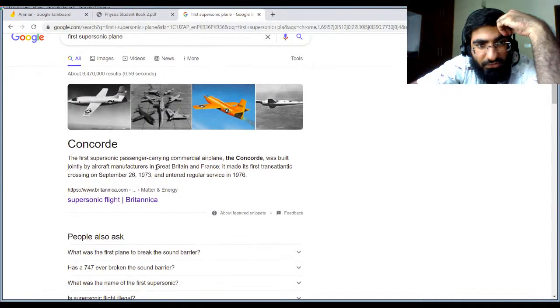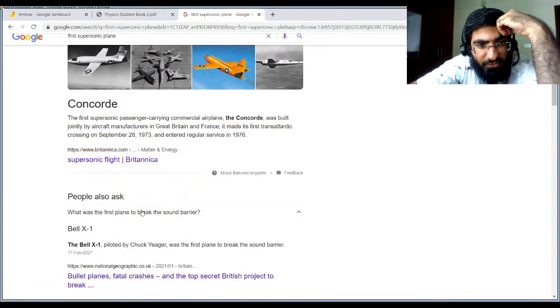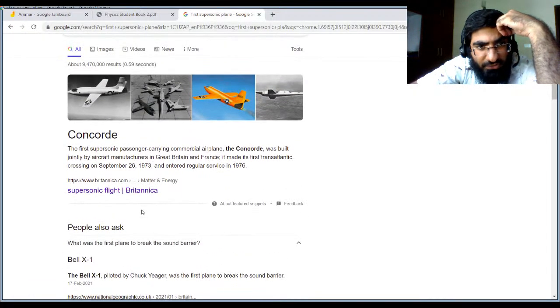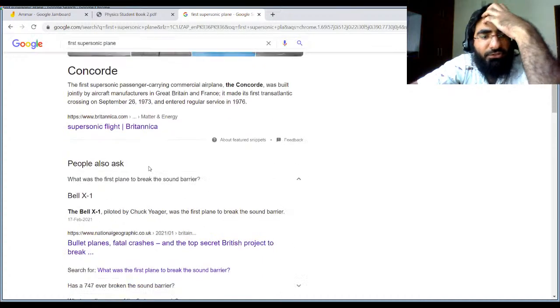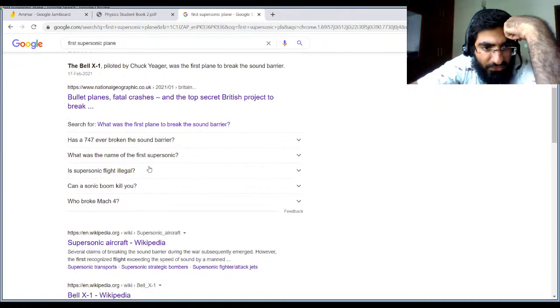We managed to crack sound so long ago. We can't crack light. The first supersonic passenger carrying plane was built in 1973. So the first plane for war purposes was even before that.